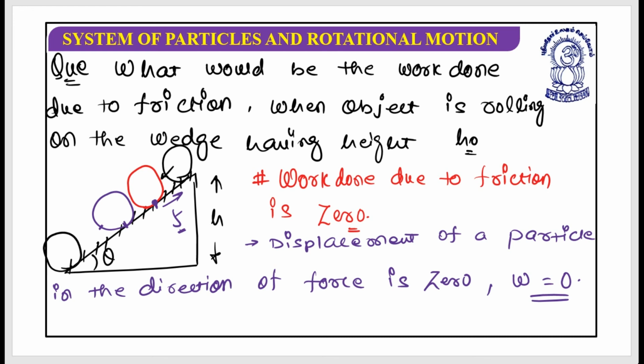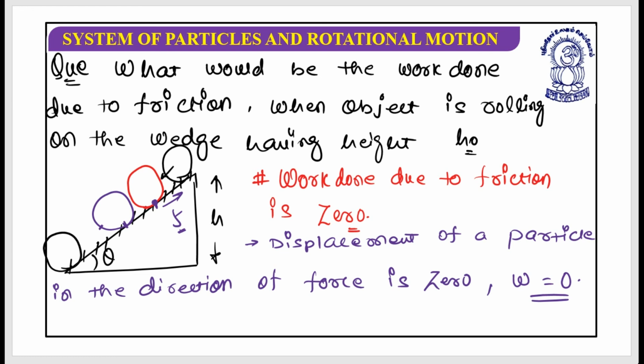That means it could have only translatory motion. The direction of friction is in the upward direction along the wedge, whether it is moving in the downward direction, or whether it is moving from the bottom to the top. I hope this is clear, and every aspect of this is clear.